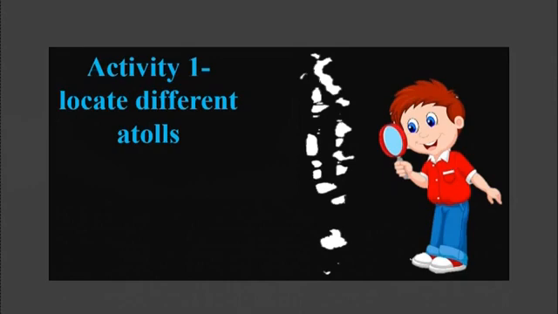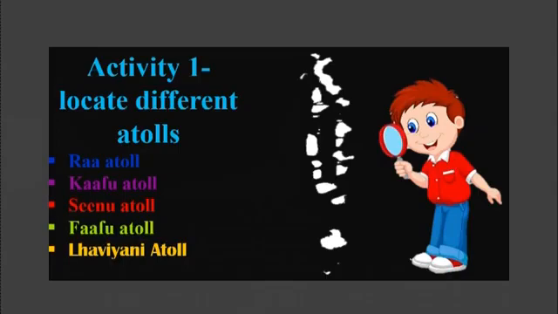So here is activity 1. Locate different atolls. You can see a map of Maldives atolls, and on the other side you can see 5 different atolls with 5 different colors.